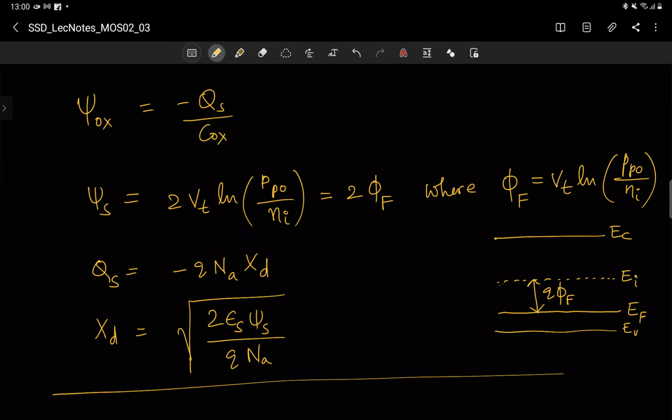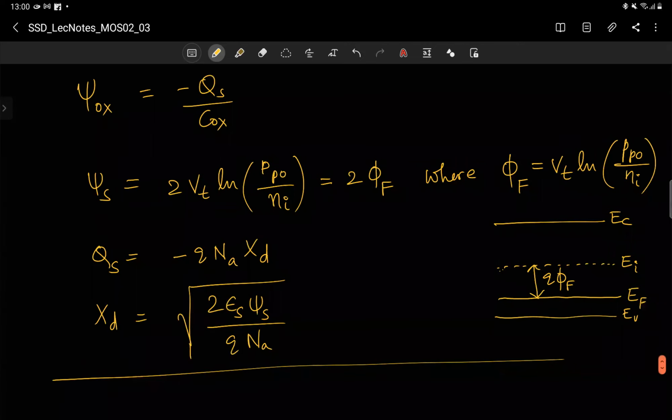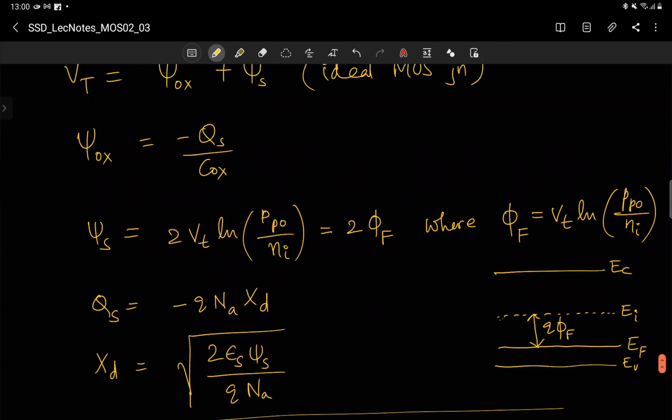So the drop across that oxide is always given by the charge on the plates by Cox. Charge on the metal is varying rapidly, so potential drop is 0 in the metal. But charge in the semiconductor was varying rapidly, and then integration of that electric field has become 0.